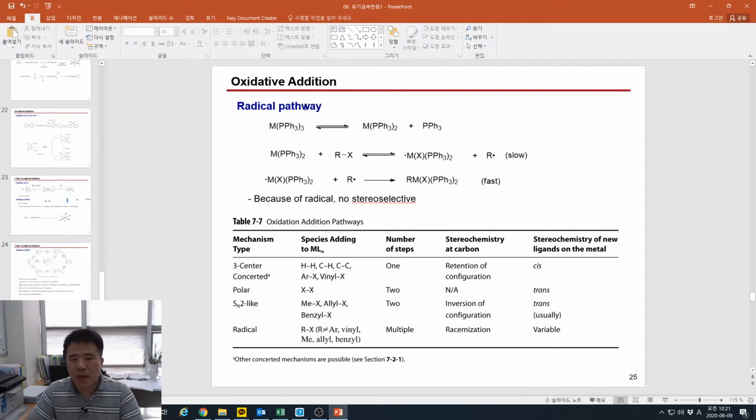Okay, so finally, for oxidative addition, we need to talk about the radical pathway. Some reagents, such as alkyl halides, where R is not methyl in this case.